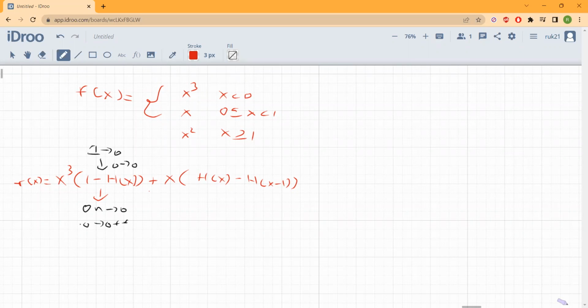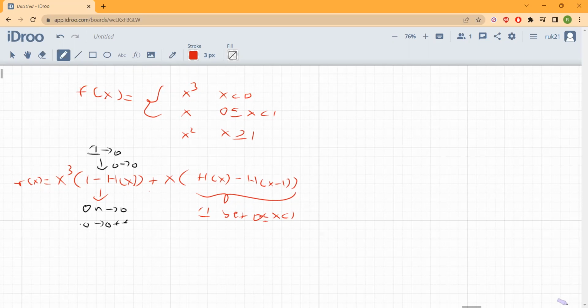So this is going to be off while x is smaller than 0. At 0, this is going to turn on and go to 1, at which point it's going to turn off again. So this function will be 1 when x is bigger or equal to 0 but smaller than 1, which is exactly what we want. As soon as x becomes bigger than 1 or smaller than 0, we don't want to see this x. So all the time that x isn't between 0 and 1, this is going to be 0. Therefore, the x won't really be there.